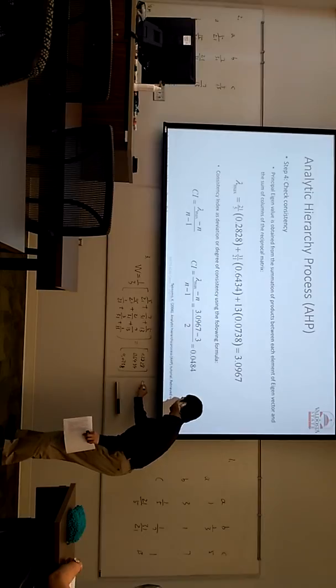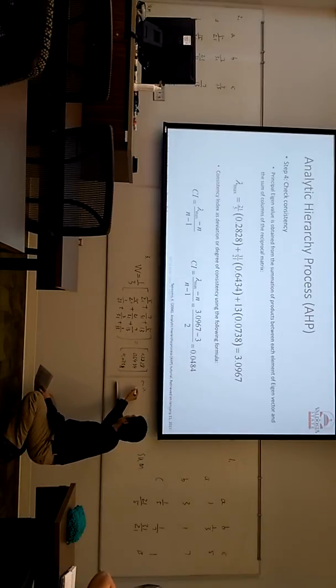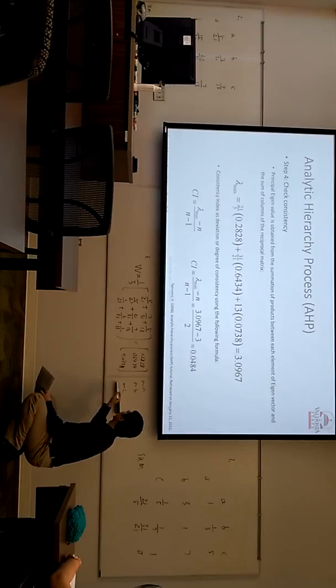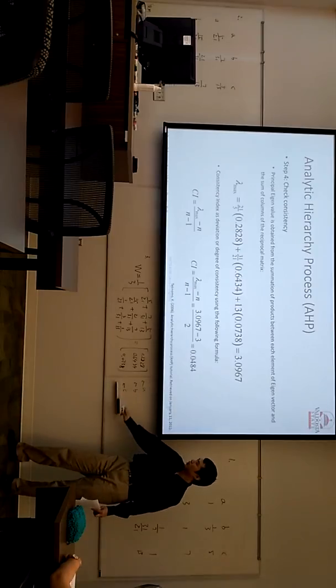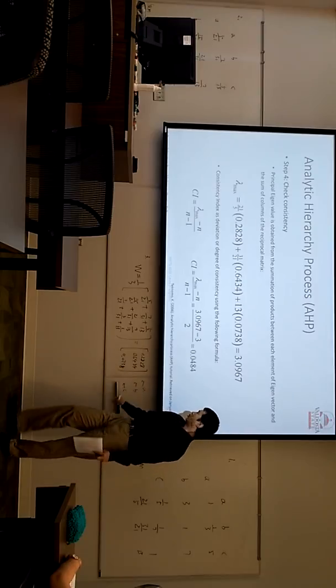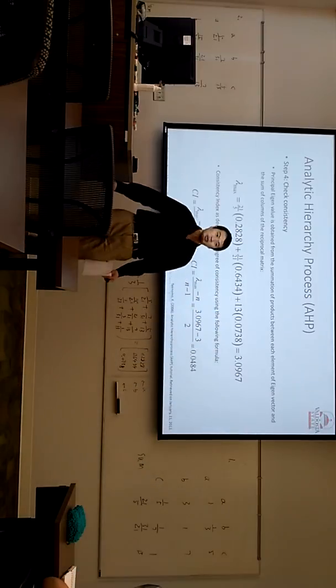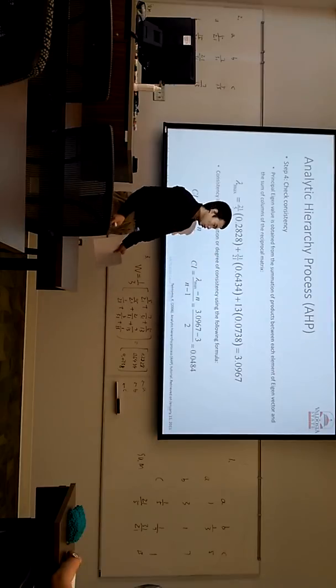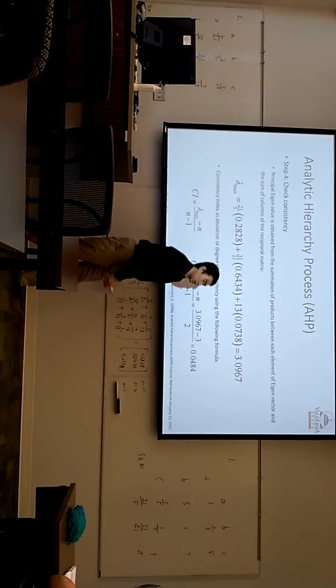And the second one is your preference for banana. Third one is cherry. And apparently, banana has the largest number, 0.6434. That means among the three fruits, you like banana best.